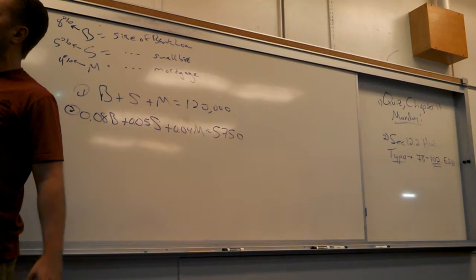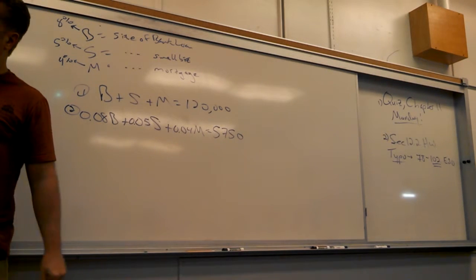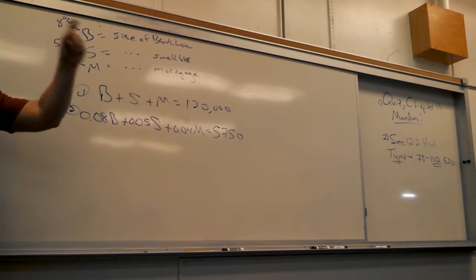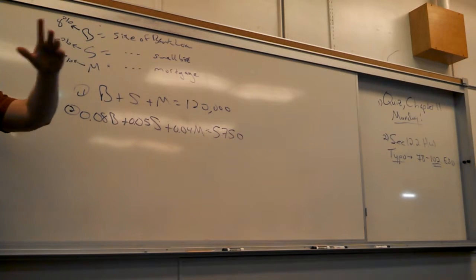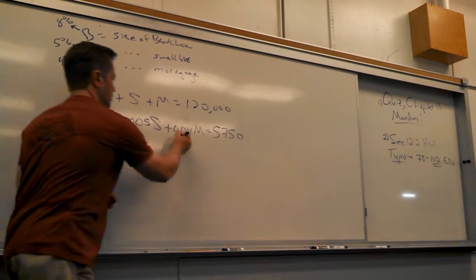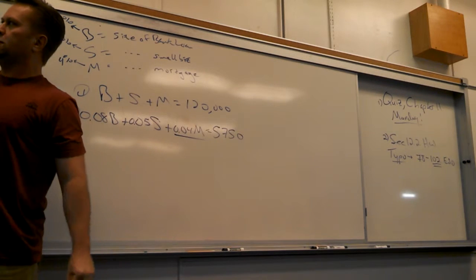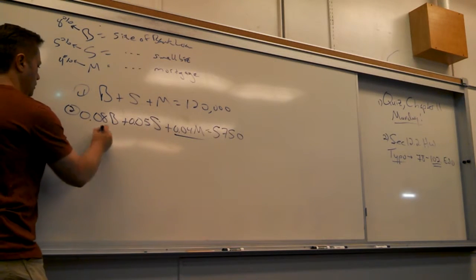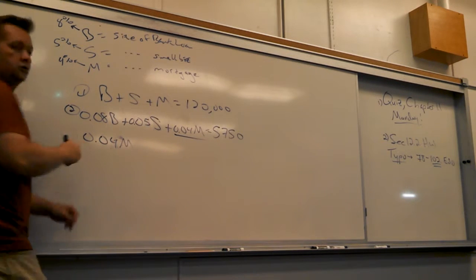And then it tells me at the end, now here's where it gets a little more interesting. The annual simple interest on the mortgage. Now what represents the annual simple interest on the mortgage? What represents that? 4%. Yeah, this piece. That's the annual simple interest on the mortgage, right?